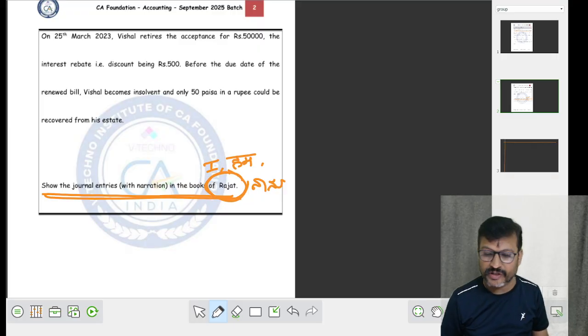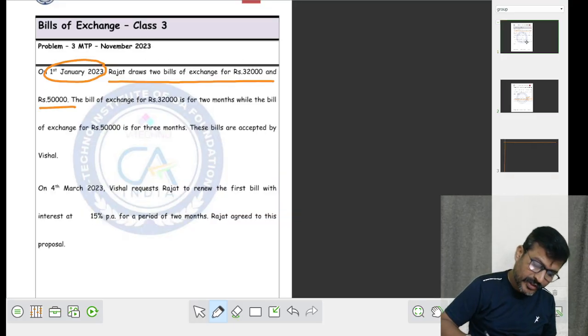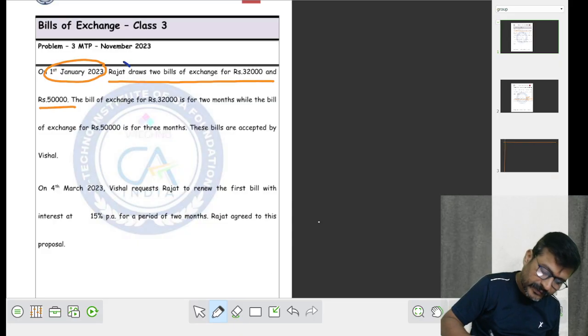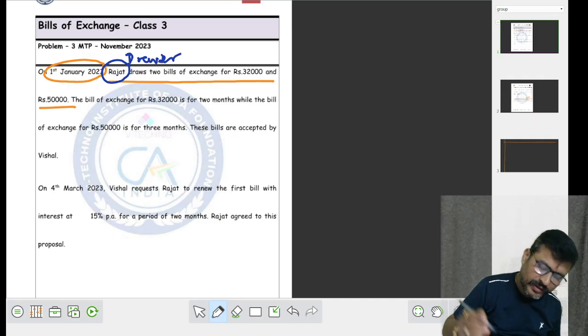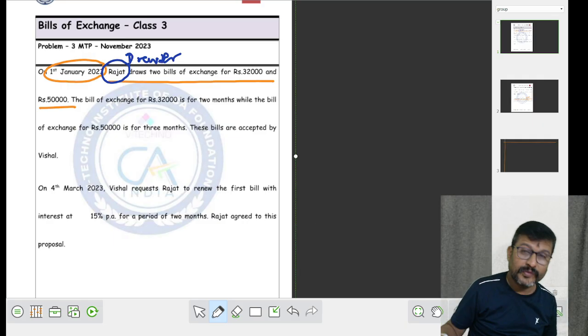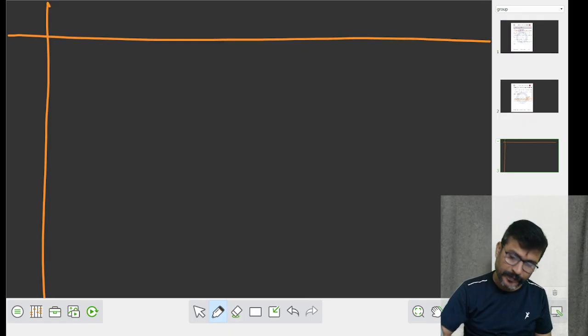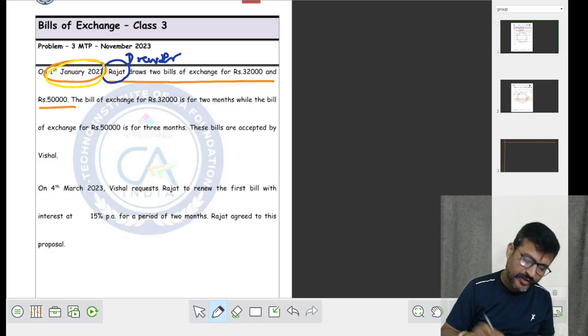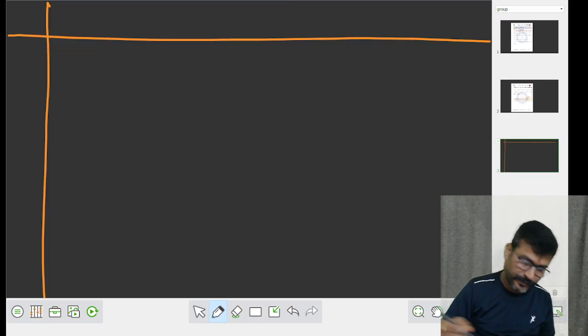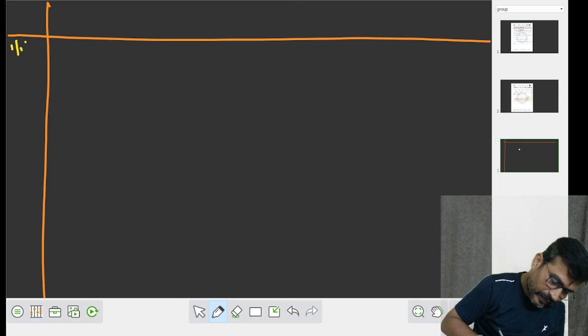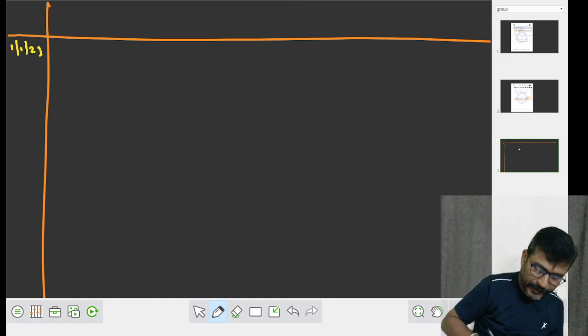On January 23, Rajat draws two bills of exchange. When Rajat draws two bills of exchange, Rajat is called the drawer. Let us write first: when was it drawn? The bills are drawn on January 23. How many bills are drawn?